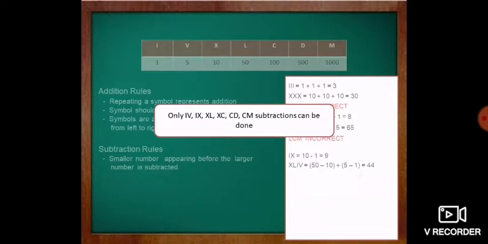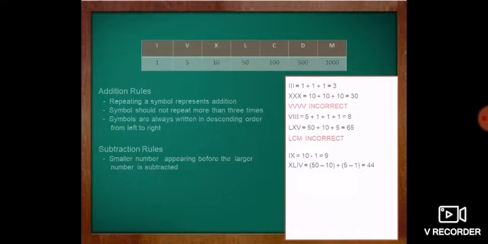If you look carefully, we are subtracting I, X and C from two consecutive greater numbers. So I can be subtracted from 5 and 10, X from 50 and 100, and C from 500 and 1000. What do you think of XM? 10 cannot be subtracted from 1000, so incorrect.